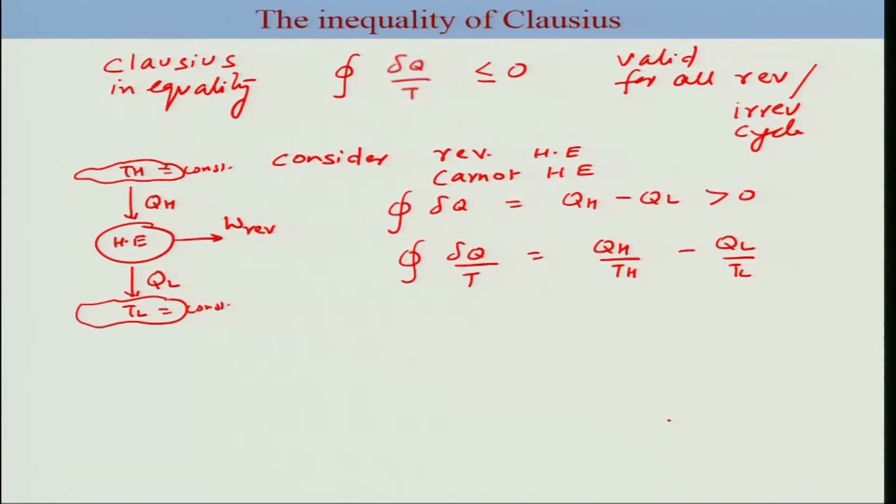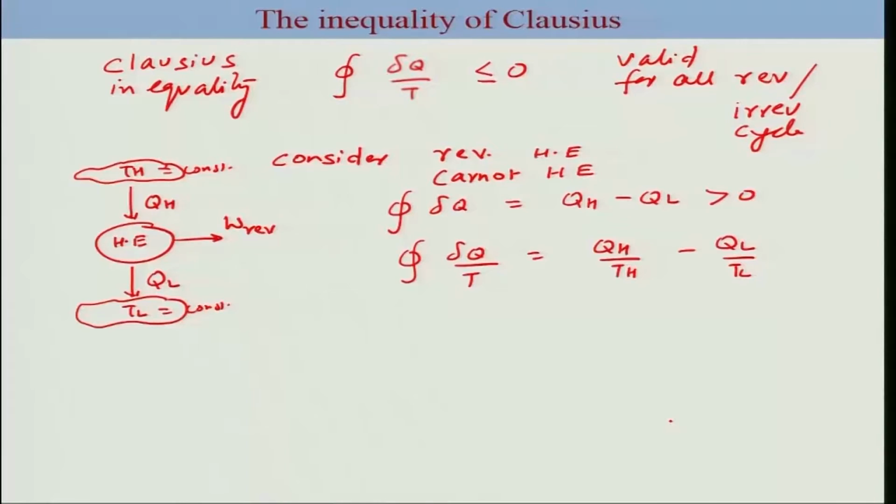Now we know for a reversible heat engine or Carnot heat engine, based on absolute temperature, the ratio of the Q is proportional to temperature as done by Kelvin. Which essentially means QH by QL is nothing but TH by TL for this reversible heat engine, and thus the expression del Q by T is nothing but 0.